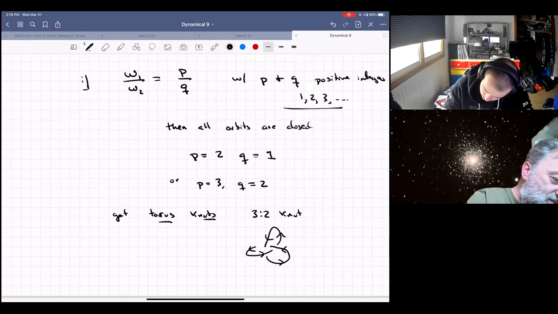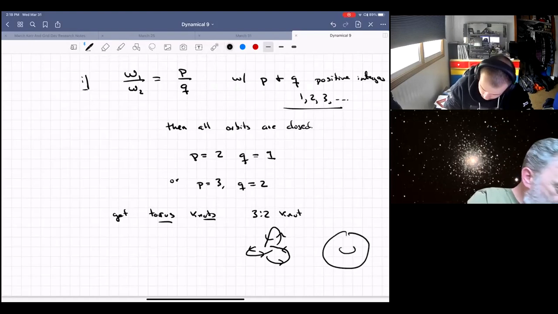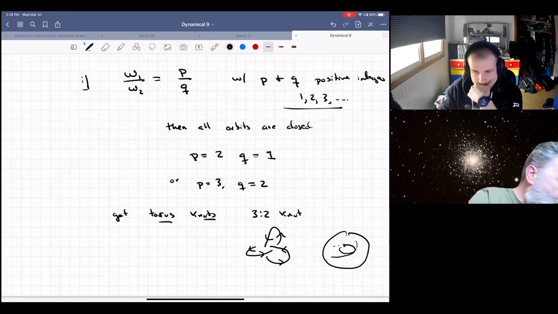On the torus, you come around this way, under the back, around the top, under the back, around the front, under the back, and back around.